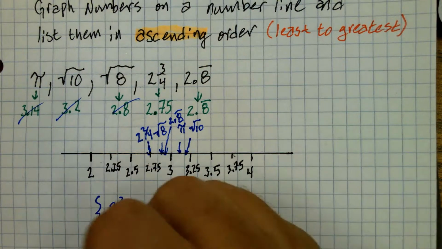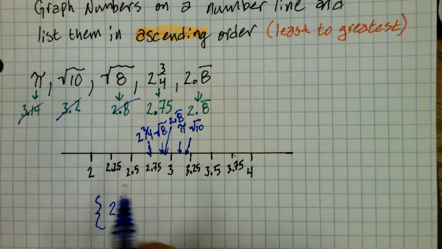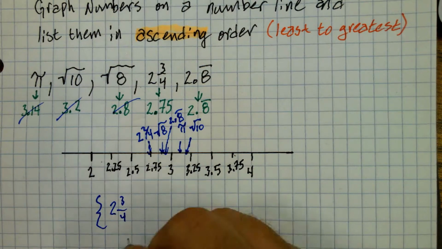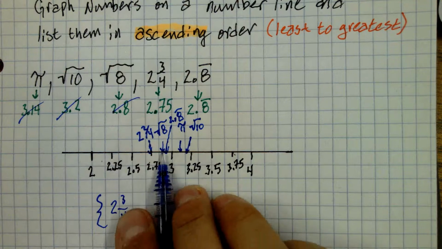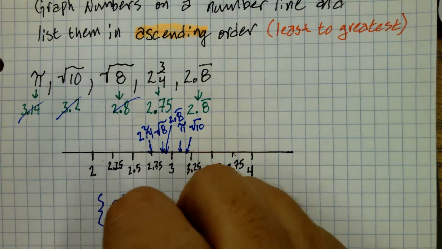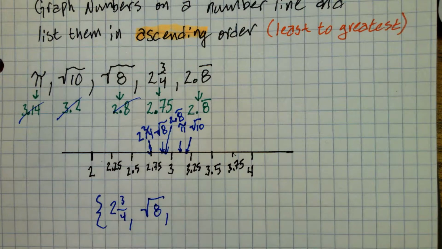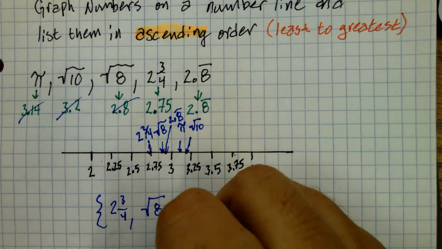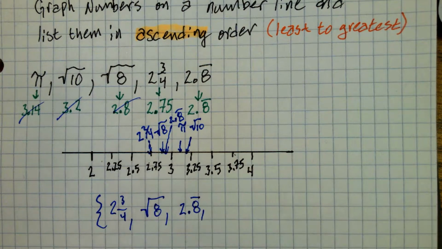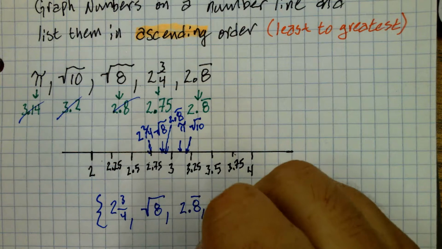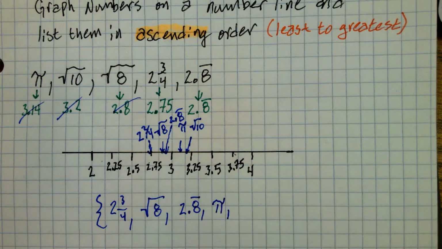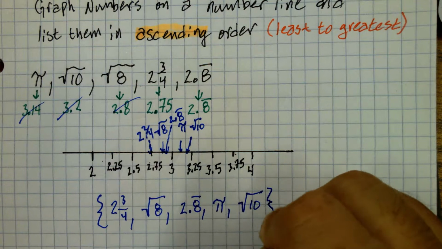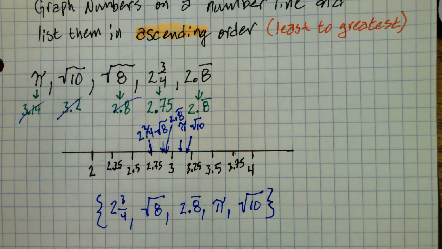So that's 2 and 3/4, followed by the square root of 8, followed by 2.8 repeat, followed by pi, followed by the square root of 10. Okay.